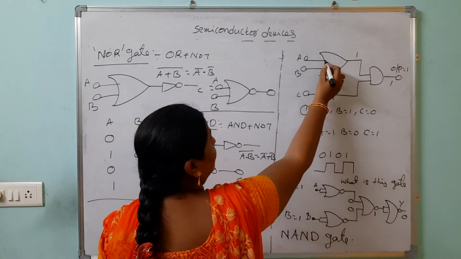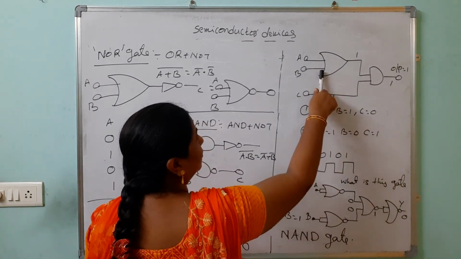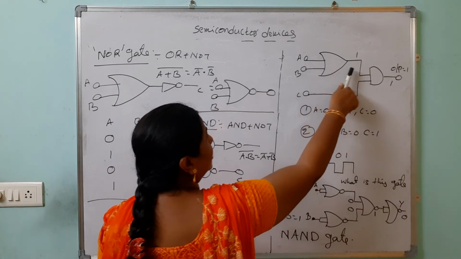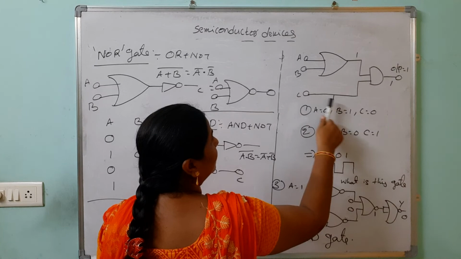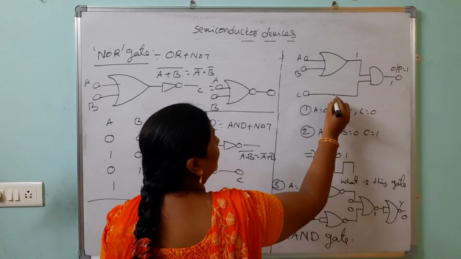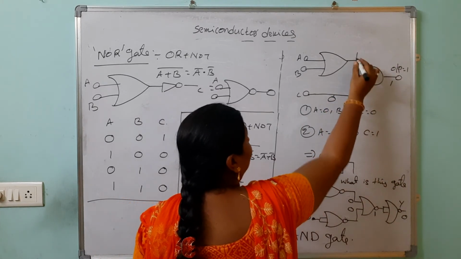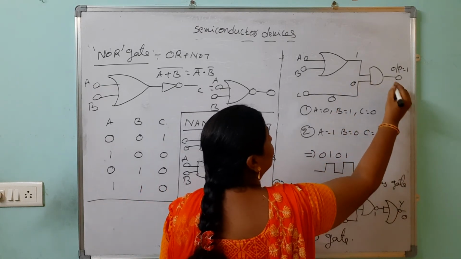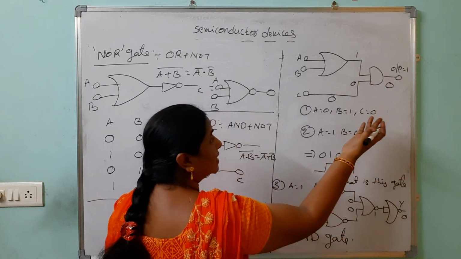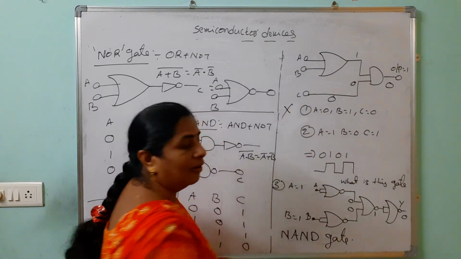A equals 0, B equals how much? 1. 0 plus 1 how much? 1 you are getting. But what C value have they given? C equals 0. So here 1, 0. This is which gate? AND gate. 1 into 0 how much? 0. So output is how much? 0. So this is the wrong option.